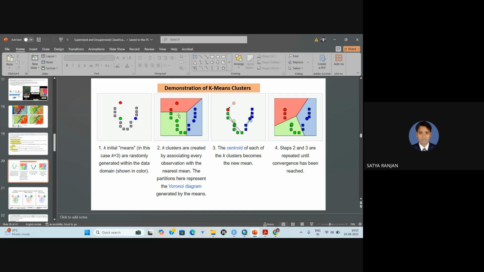So this is the boundary created in the second image, and after that it creates all these categories, and the final fourth image is categorized into three categories. If you categorize into four or five categories, then the boundary is different.